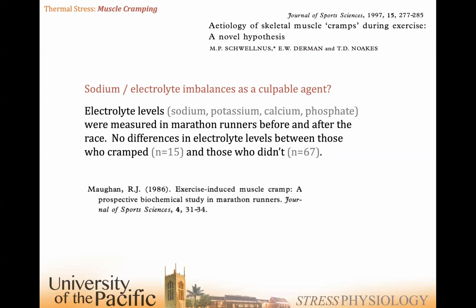The best evidence that hydration and electrolyte levels are just unrelated to cramping. Now, if there's some extreme departure from homeostasis and you're worried about survival and stuff, that's not what we're talking about.